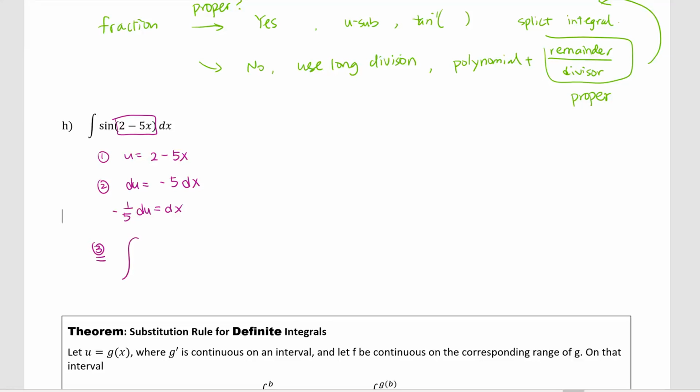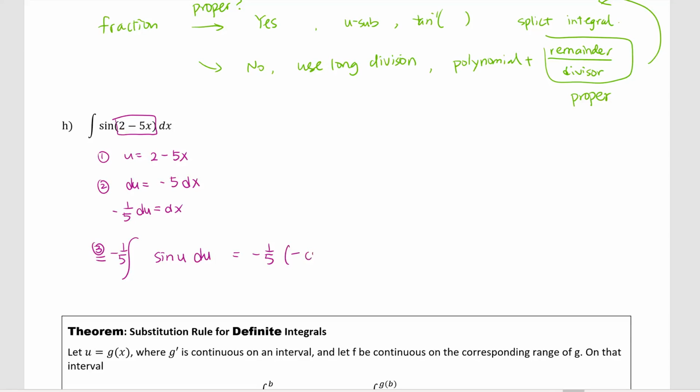Our integral becomes sine u. Dx is negative 1 over 5, we put it in front, du. Okay, what's the integral of sine u? Well, it's either positive cosine or negative cosine. Then you think about the derivative of cosine is negative sine. So the integral of sine is negative cosine.